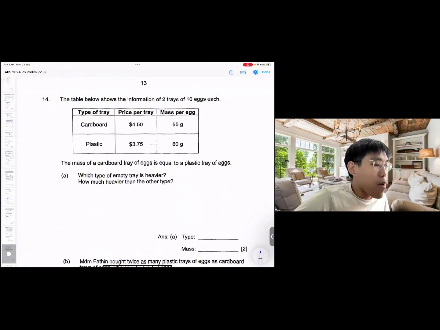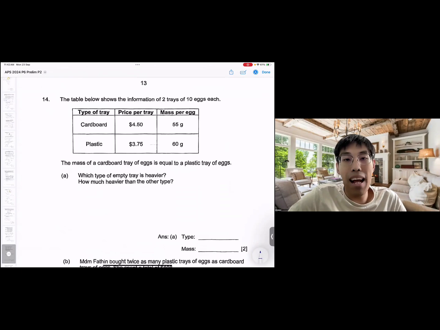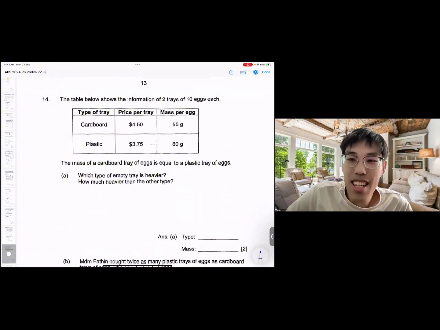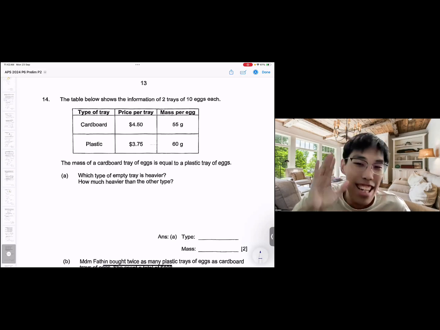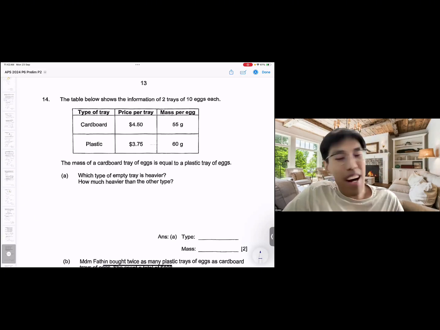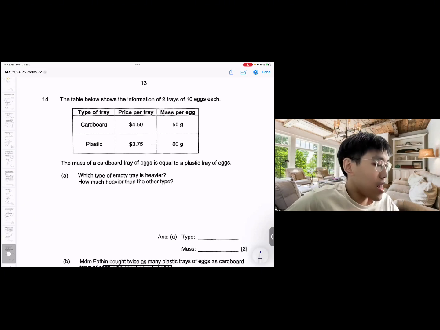The mass of a cardboard tray of eggs is equal to the plastic tray of eggs. So which type of empty tray is heavier, and how much heavier than the other type? This is a bit of a variation from the Helen and Ivan question, the legendary Helen and Ivan question, but it's actually the same concept. The tray of cardboard eggs is equal to the plastic eggs.